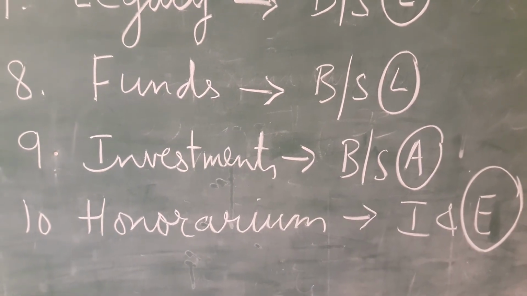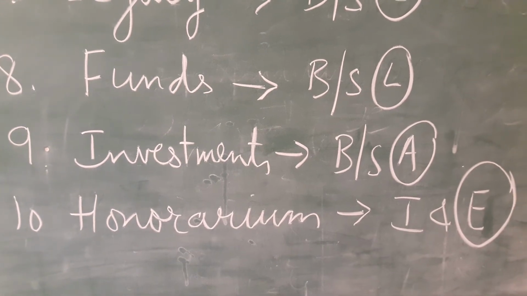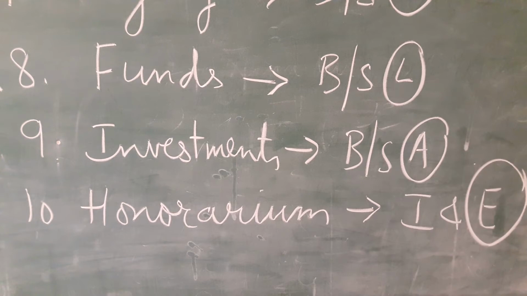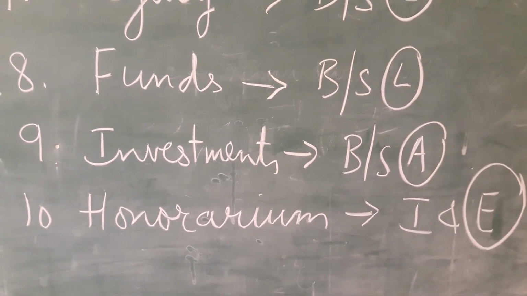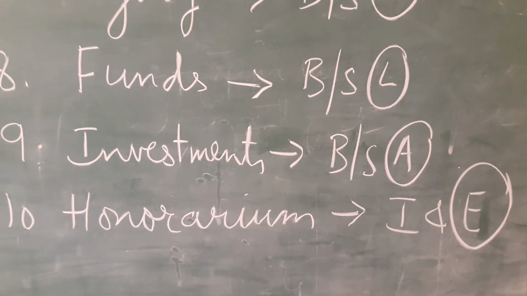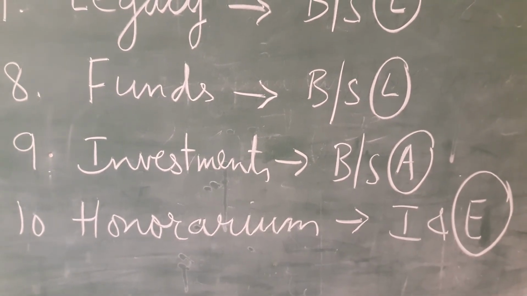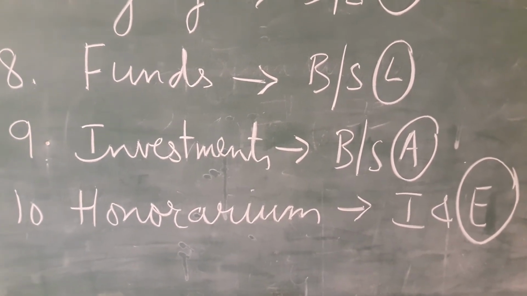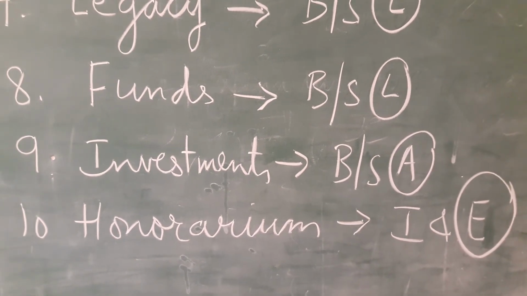So a token amount to honor the person for his or her services is called honorarium. Remember, honor somebody's services, and this is not an income for NPO. It is an expense. For a change, there is an expense also. Honorarium is an expense, and it will be shown in the income and expenditure account.